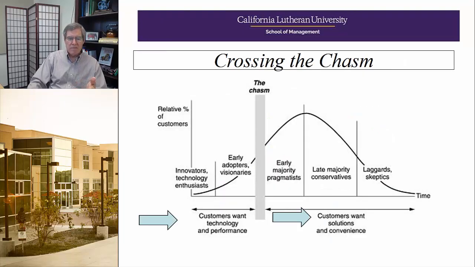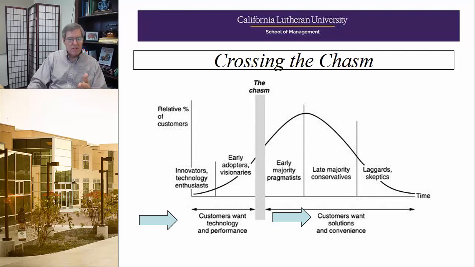The next thing to think about is going back to the customers. The customers who are innovators and early adopters, their primary focus is wanting new technology and high performance. If it doesn't perform 100%, that doesn't kill their need for the product.